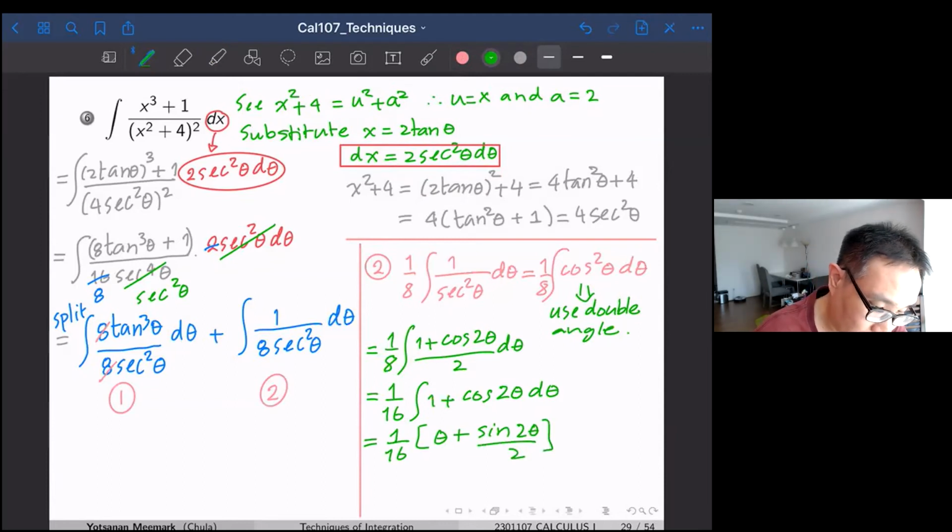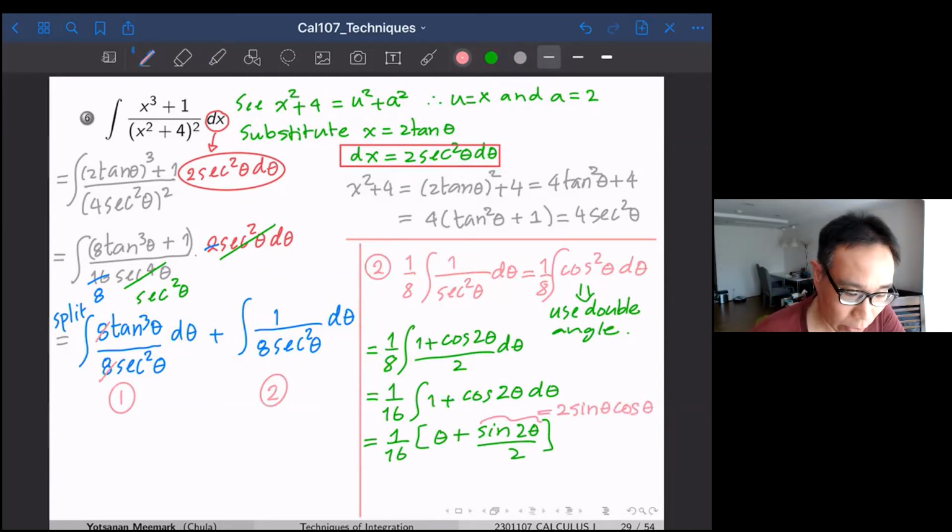And sine 2 theta, if you recall from high school, is 2 sine theta cos theta. That's the trigonometric identity, and you'll be able to get rid of the 2 and 2. So this allows you to get 1/16 theta plus sine times cosine.